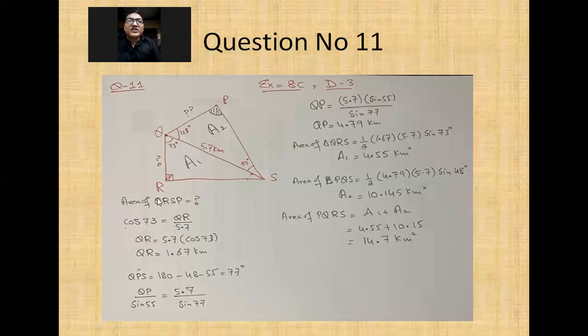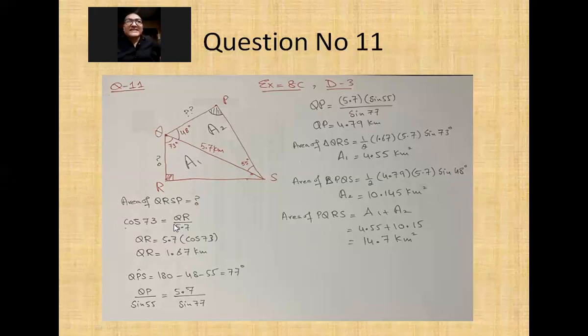So you see, this 73 angle is in a right angle triangle. If I use this angle, then this side, which is adjacent to this angle, we call it adjacent side, or we call it base. And I know the hypotenuse. The ratio of the base and the hypotenuse is known as cos. So cos 73. You know cos theta equals base by hypotenuse.